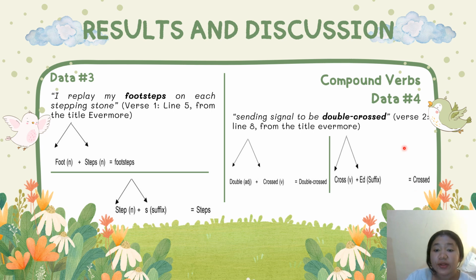The meaning of double crossed is to cheat or deceive someone, especially by doing something that is different from what the person said or would do.